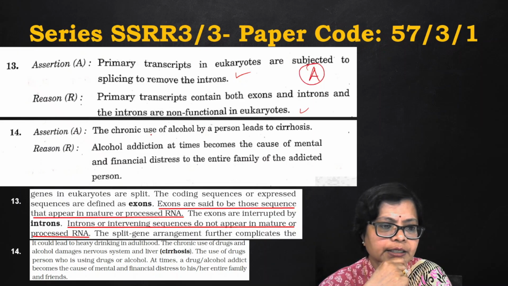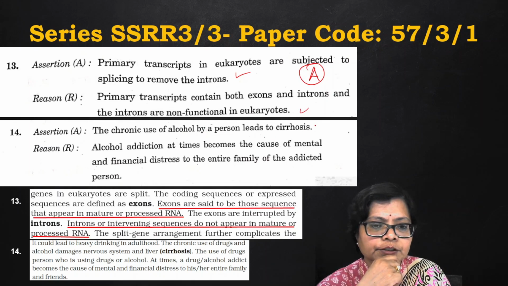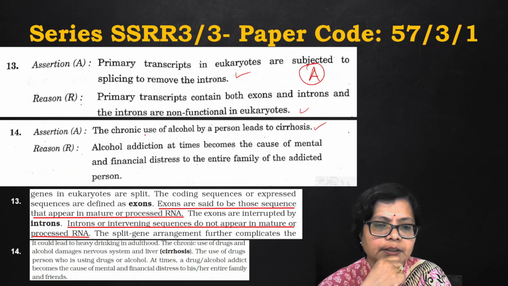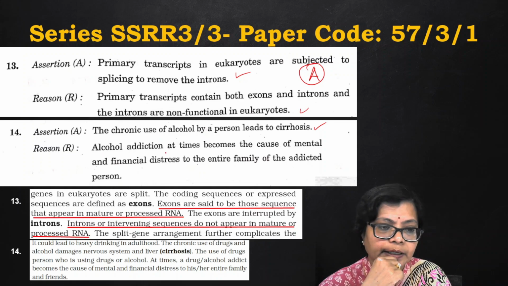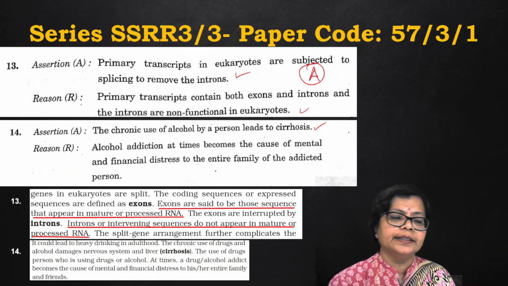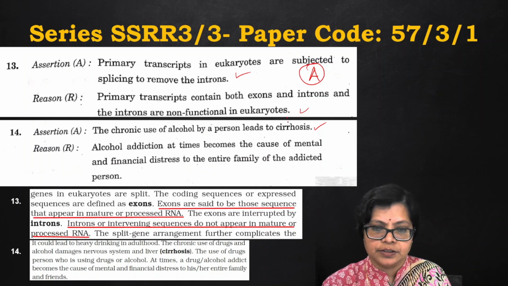Next one, the chronic use of alcohol by a person leads to cirrhosis. Okay, that is related to the liver. It is true. Alcohol addiction at times becomes the cause of mental and financial distress to the entire family of the addicted person. It is also true, but not the correct explanation of cirrhosis, right?